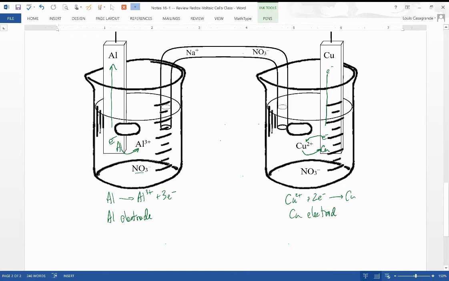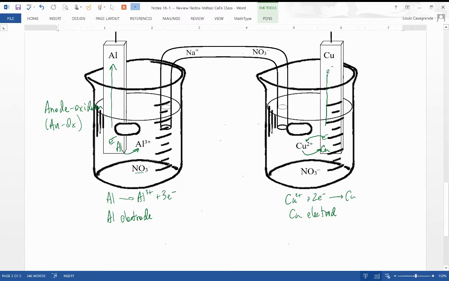Now, these cells have some names that we have to know about. In this particular case, and it's not always going to be the case, on the left we have what's called the anode. Now, you may have heard these terms before. The anode is where the oxidation takes place. And we have a little mnemonic for you. The anode is the mnemonic, another animal mnemonic, an ox.